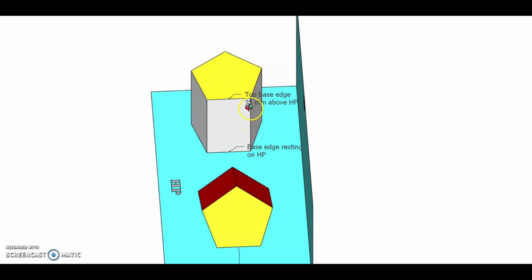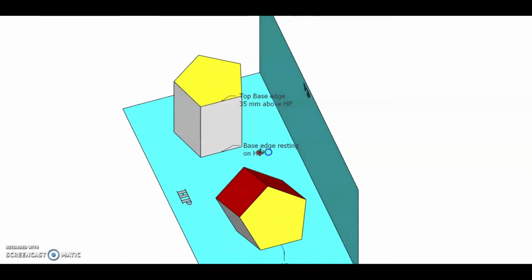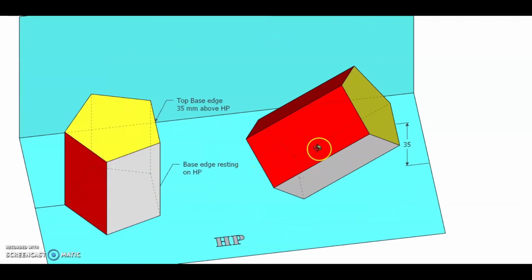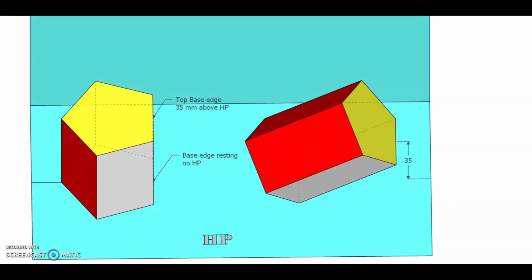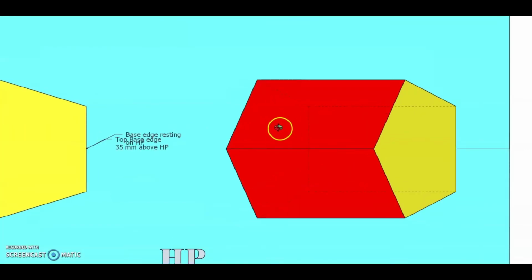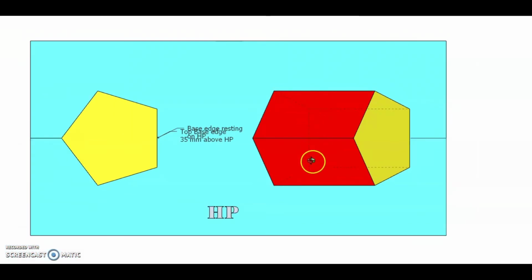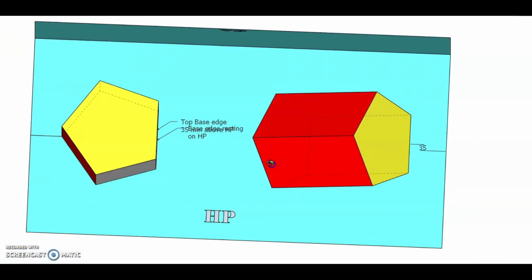And again this rectangular face edge is also not visible, so it should be shown by dotted line, like this one. So when we look at the top view, it will appear like this one. So this edge and this are not visible, which should be represented by dotted line.